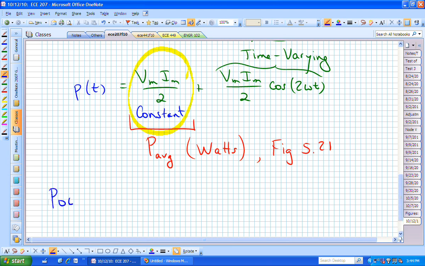A couple of observations. The power is always positive. That bottom blue curve was above the 0 line on the horizontal axis. Power is always positive for a purely resistive load.